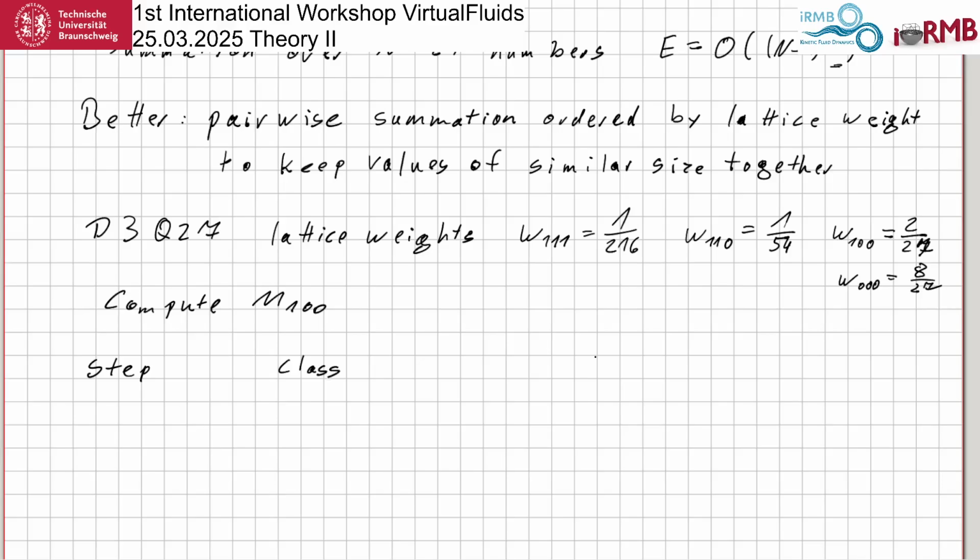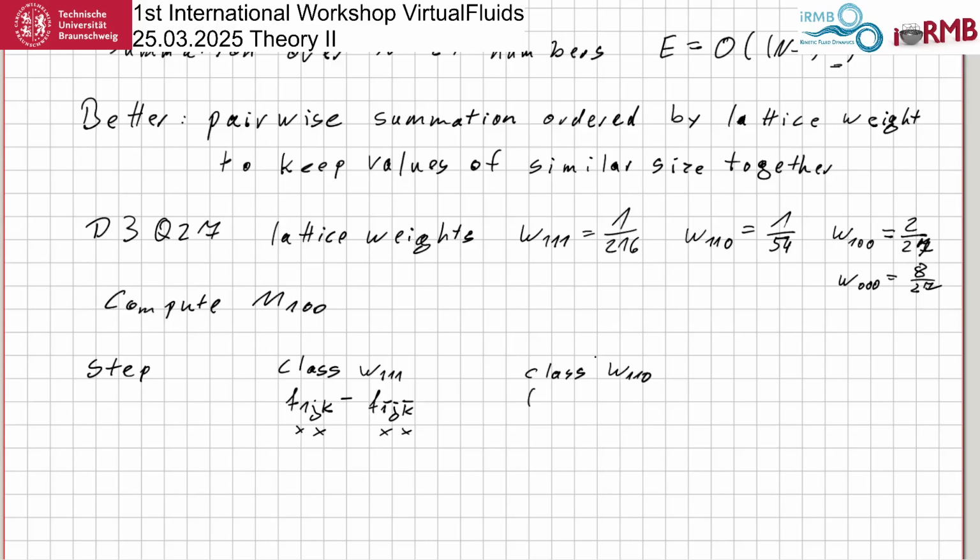The class of populations that go with W111 can be written as F1JK, and what we do is we always subtract the one that goes in the opposite direction, F minus 1, minus J, minus K. Of these operations there are 4 permutations, so we do this 4 times.